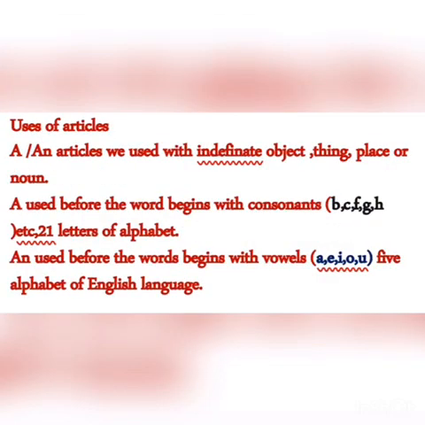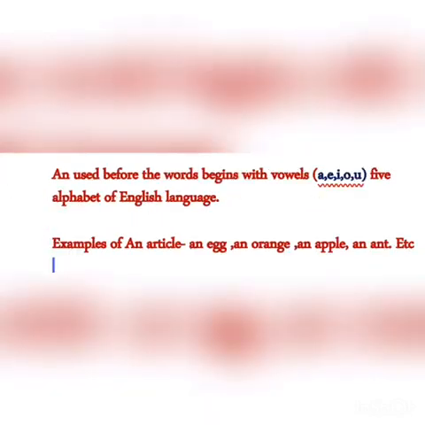Uses of articles. A or an, we use with indefinite objects, things, places or nouns. A is used before a word that begins with consonants like B, C, D, F, G, H, K, L, M, N, etc. There are 21 consonant letters in the alphabet. An is used before a word that begins with vowels A, E, I, O, U. There are 5 vowels in our English alphabet.